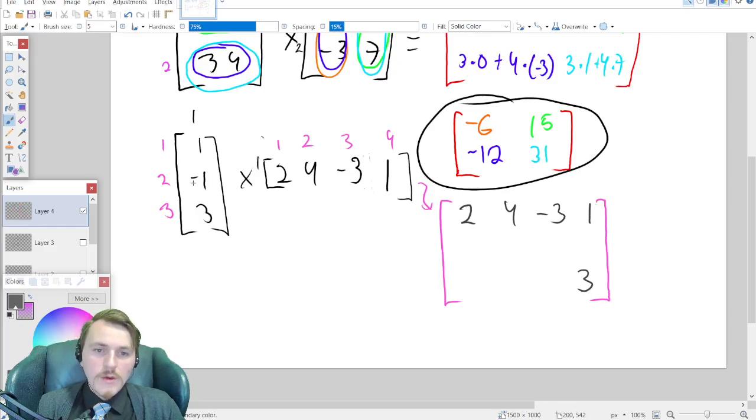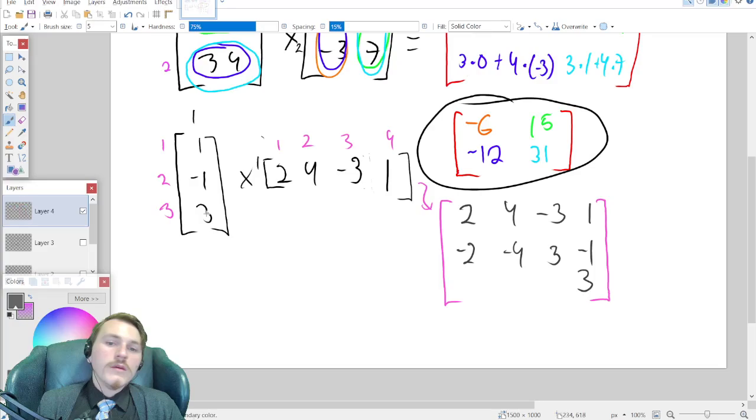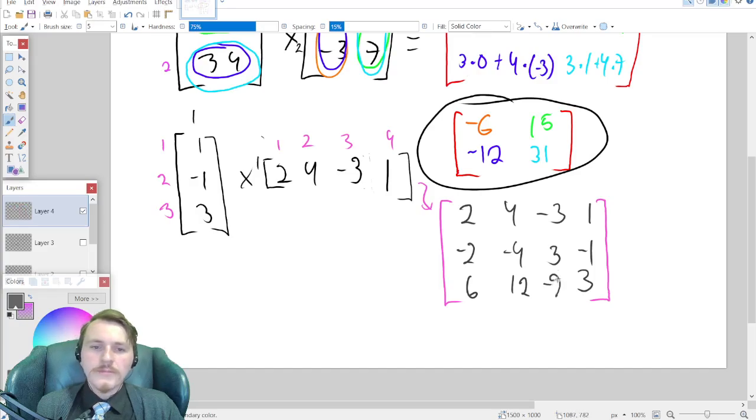Second row, sorry, negative 1 times 2, negative 1 times 4, negative 1 times negative 3, negative 1 times 1. 3 times 2, 3 times 4 is 12, 3 times negative 3, negative 9, and positive 3 at the end.